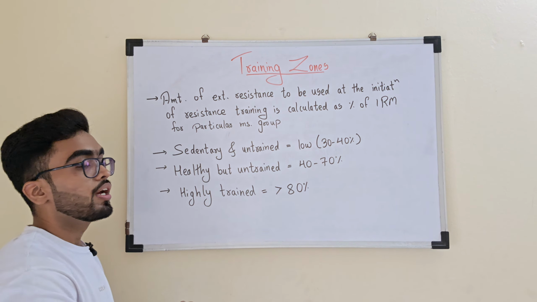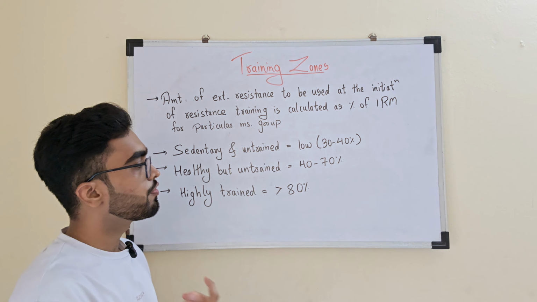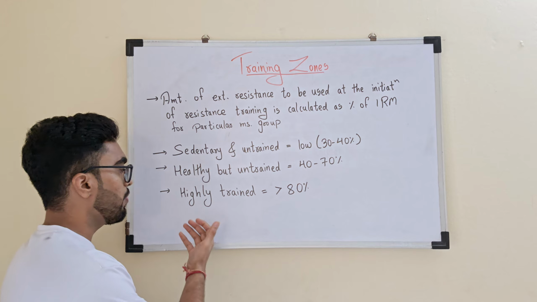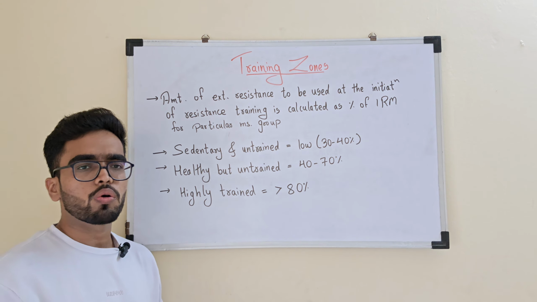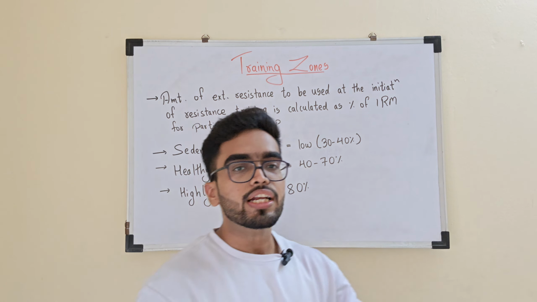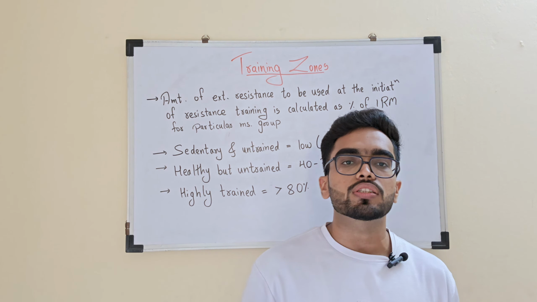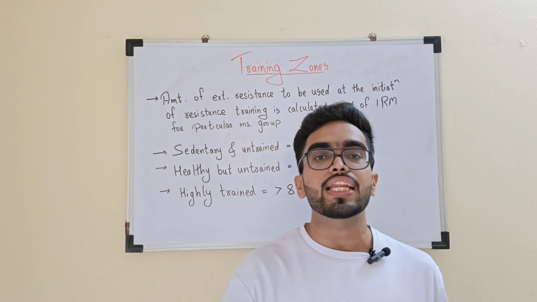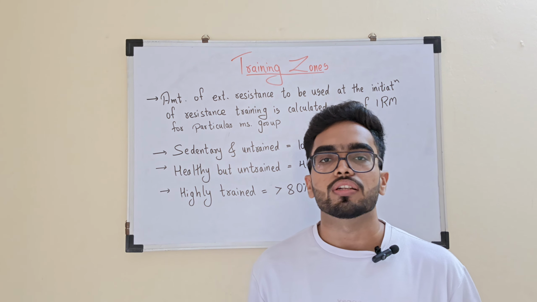For a healthy but untrained individual, we go from 40 to 70% of their 1 rep max, and for highly trained individuals, we usually go greater than 80% of their 1 rep max. So according to the lifestyle of the person, according to the goals of the person, we change the training zones of the person.